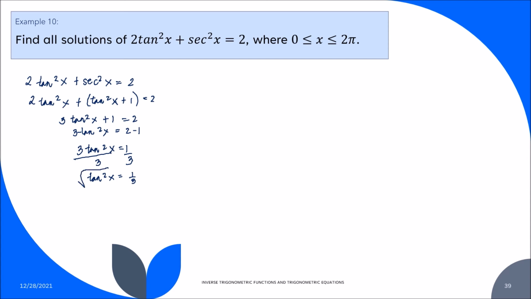We extract the square roots in both sides, so tangent x is equal to square root of 1 over square root of 3, or simply 1 over square root of 3. We rationalize, so we have square root of 3 over 3. Square root of 1 times square root of 3 is square root of 3, and in the denominator we will have 3. Now we get the inverse on both sides.